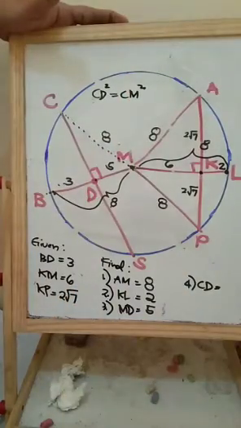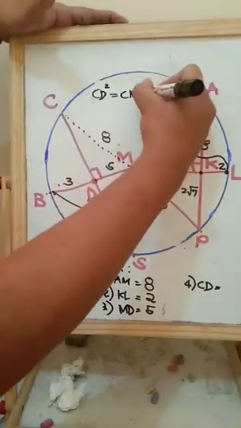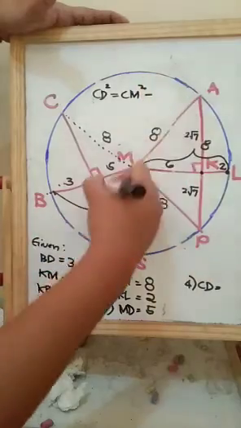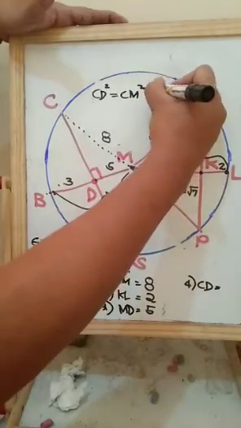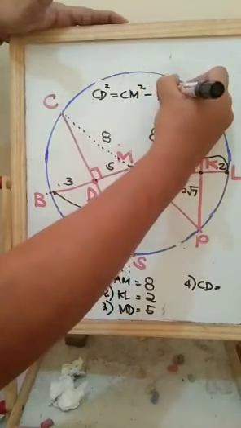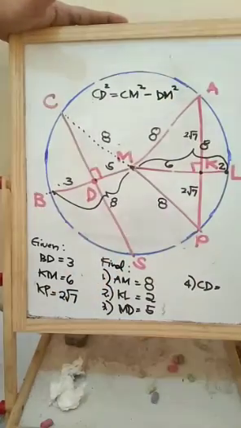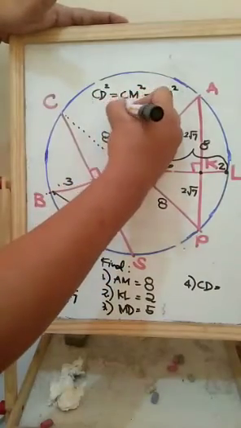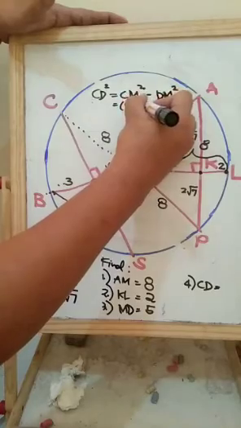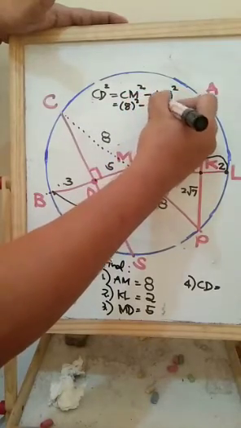Instead of adding, dahil nga ang hinahanap natin is one of the legs, sasubtract natin siya doon sa isa pang leg, minus DM squared din. And then, proceed tayo sa formula. That would be 8 squared minus 5 squared.